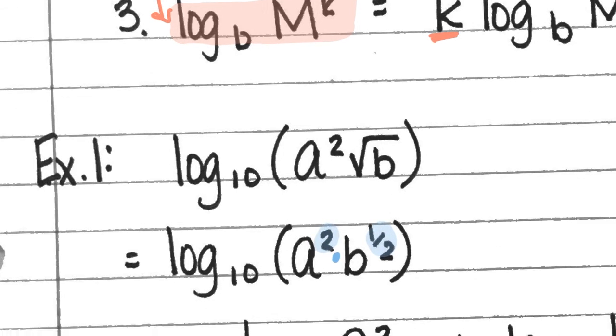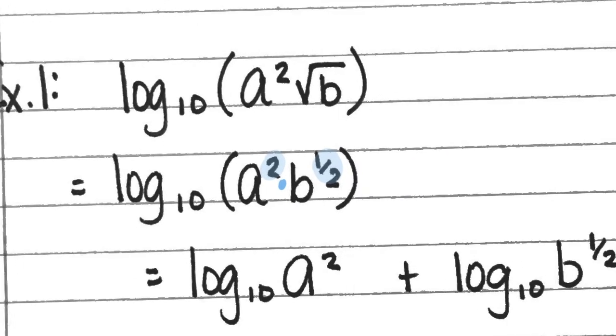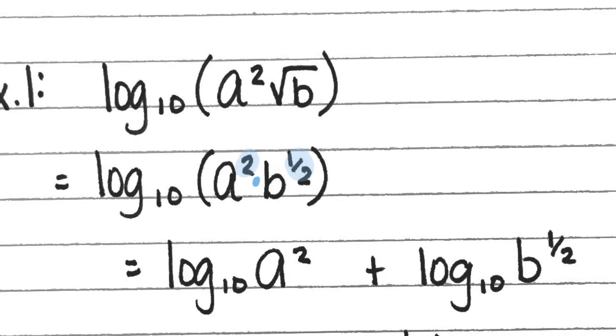So the first thing I'm going to do is I'm going to show when I'm multiplying, I add. So notice we have to write that log base 10 all over again. Log base 10 of a squared plus log base 10 of b to the 1/2. And now remember, when I have that power, we're going to bring it to the front.